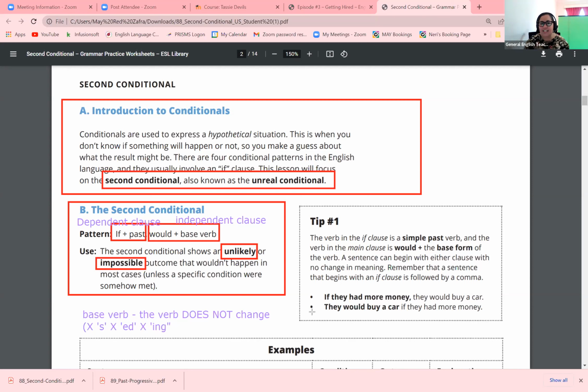They call it a syndicate. The syndicate won $250,000 each. But what is the possibility that we're going to win the lotto? No way. One in every billion. Only in dreams, Miss May. Right. So these are the things that are unlikely to happen or impossible to happen unless a specific condition is met.